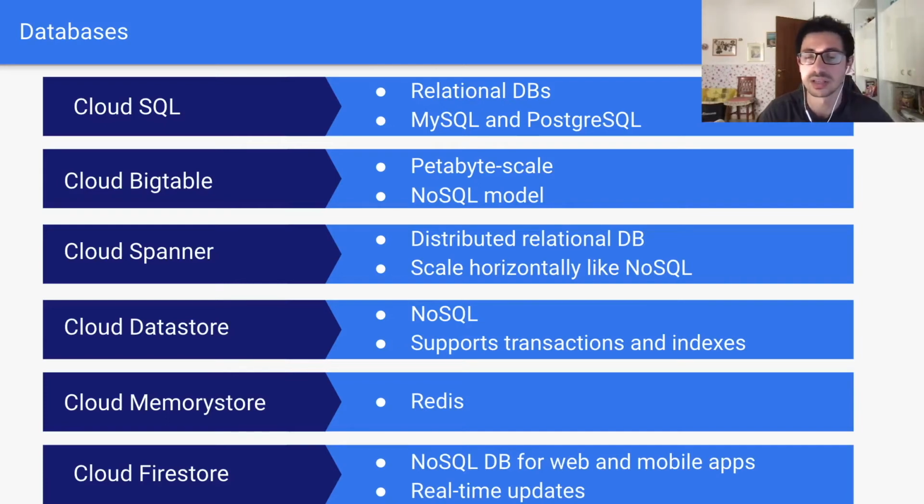Then we have Cloud Datastore. Cloud Datastore, again, is NoSQL, so it's meant for storing documents, but at the same time it supports a few things that you usually find in relational DBs, such as transactions and indexes. But it's mainly used when you need NoSQL, for situations where, for instance, you need to store documents, or you have data for which you don't know a priori the structure.